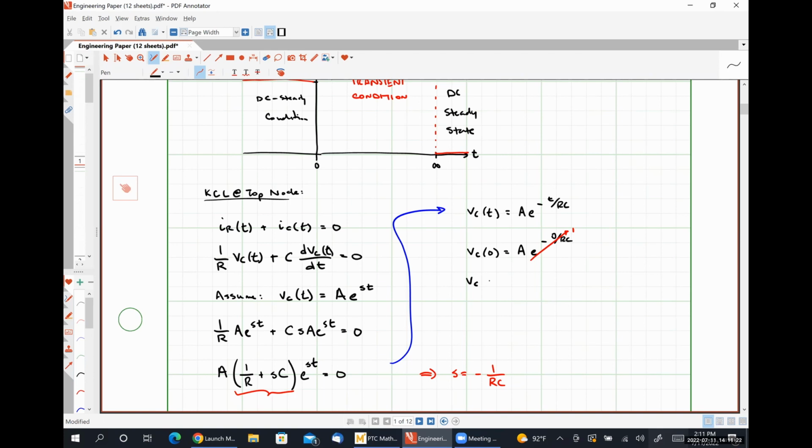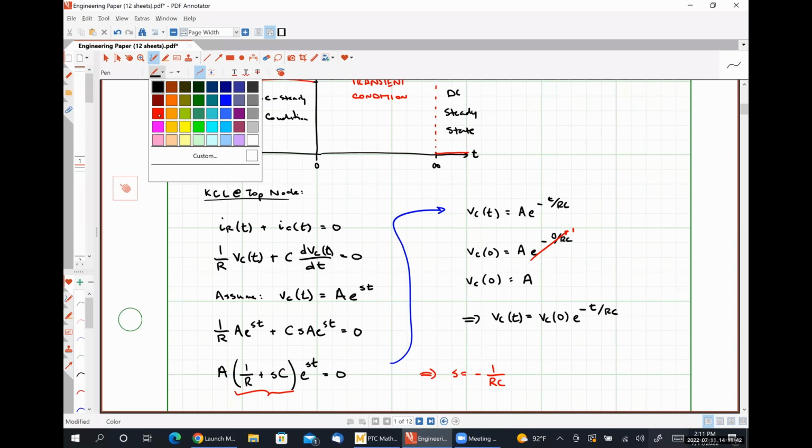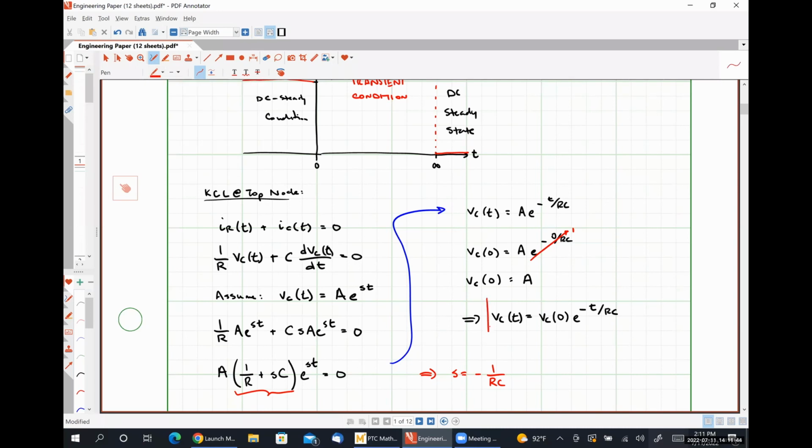From this, VC of 0 is A, and therefore VC of t looks like VC of 0 e to the negative t over RC, which is effectively the same basic thing we got for our inductor circuits.